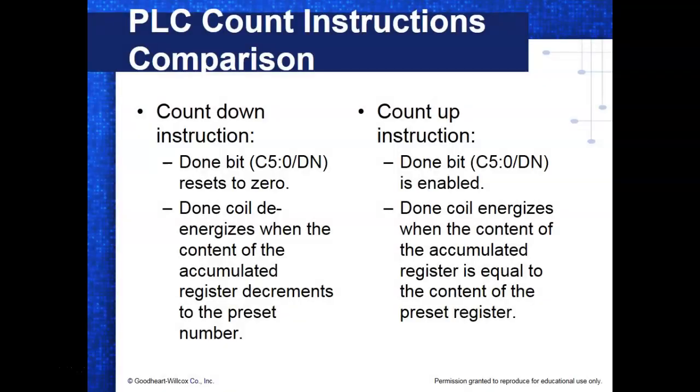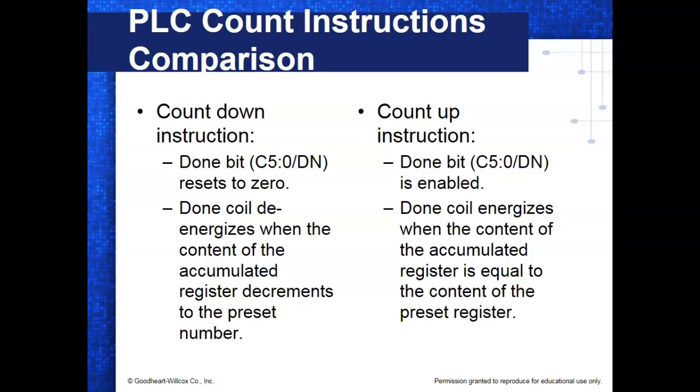So when will we cascade counters? Probably the same reason we cascade timers, right? If we need to go past the range, then we can cascade. So this is the difference, right?